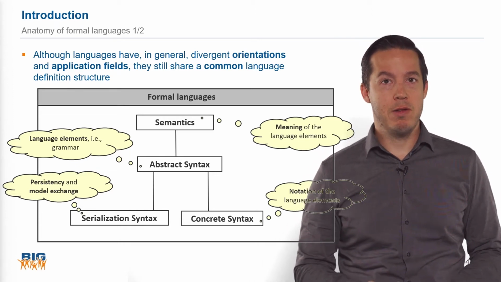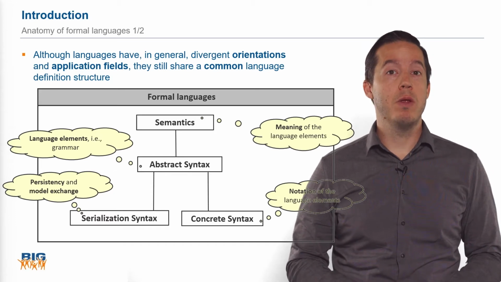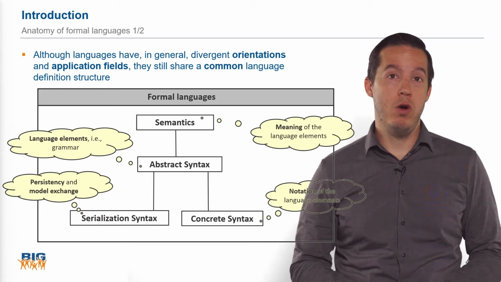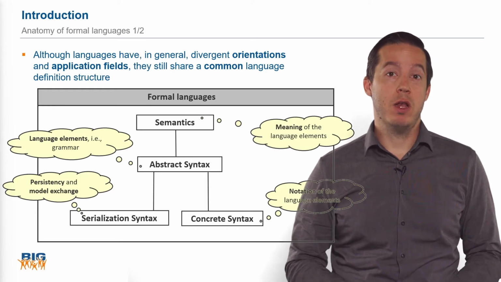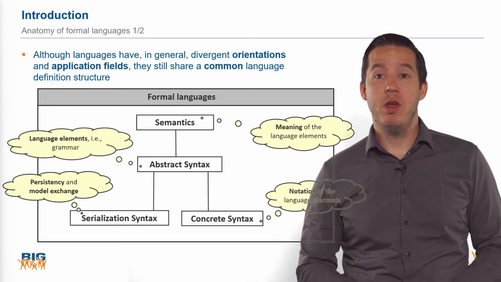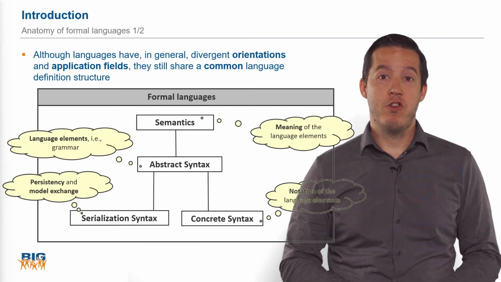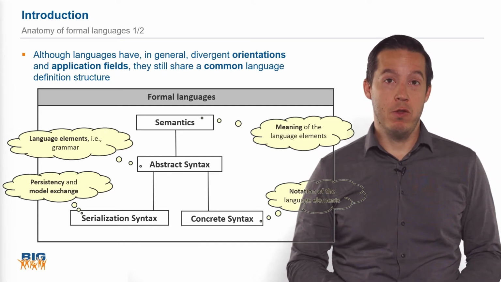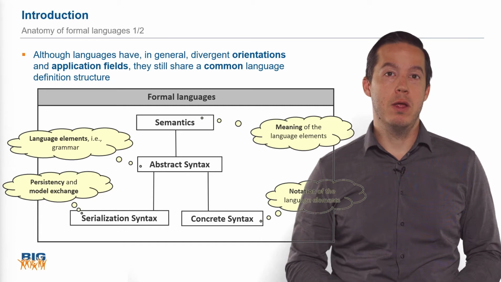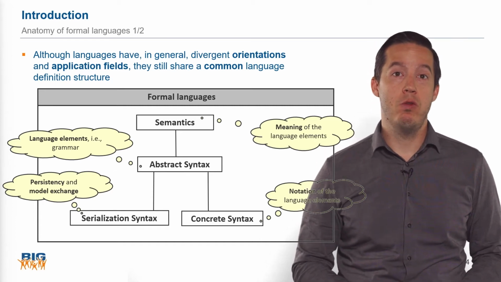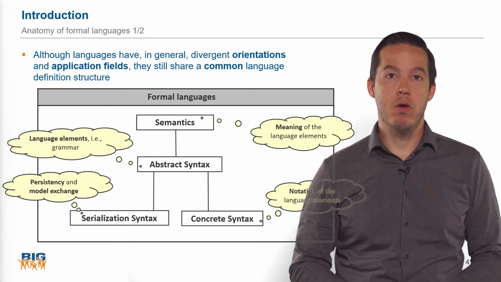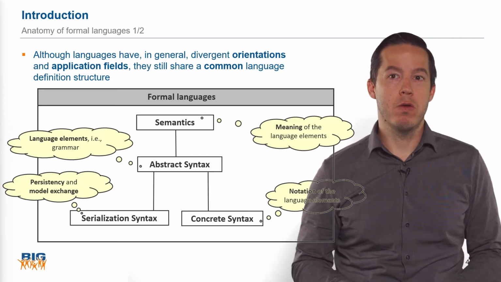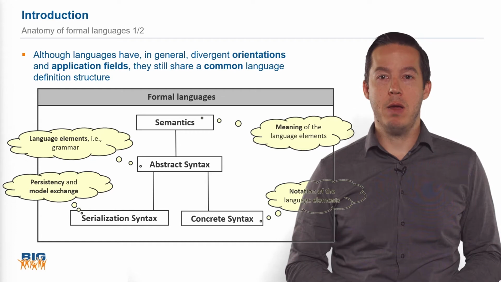What is the semantics of a start event? This needs to be defined, of course, in the best case formally, or at least informally using natural language. Then we have the abstract syntax, which defines the language elements, the grammar that defines the well-formedness rules, and all of the rules to create valid models adhering to this modeling language.